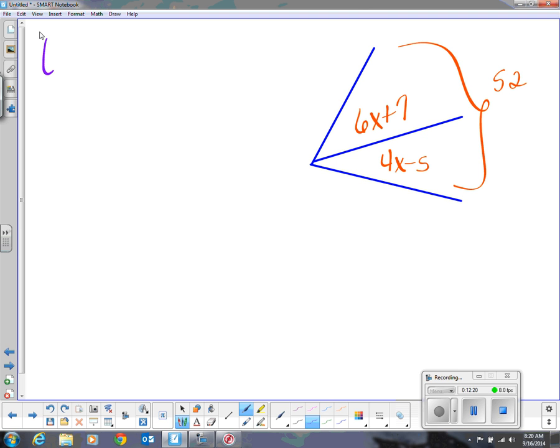This is number 6. 6x plus 7 plus 4x minus 5. What's this called? What tells us we can do this?